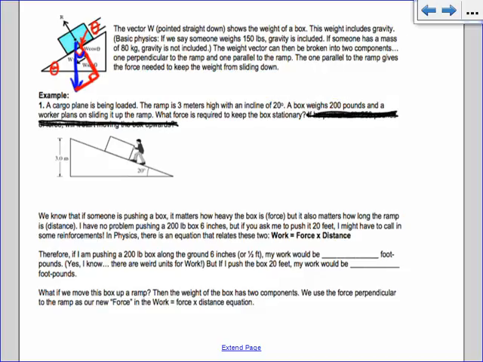When we talk about these two components, we know that we have theta. Let's call these x and y. If we're solving for x and y, and we know we have theta here, and let's call this w, then I could do cosine and sine using SOHCAHTOA.